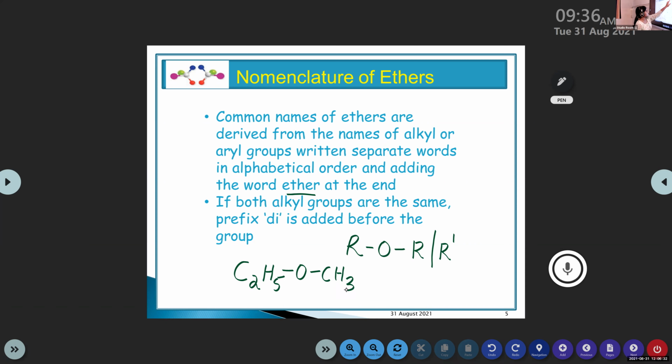Which one comes first, methyl or ethyl? E. Yes. So you can write ethyl methyl ether. That's the name.